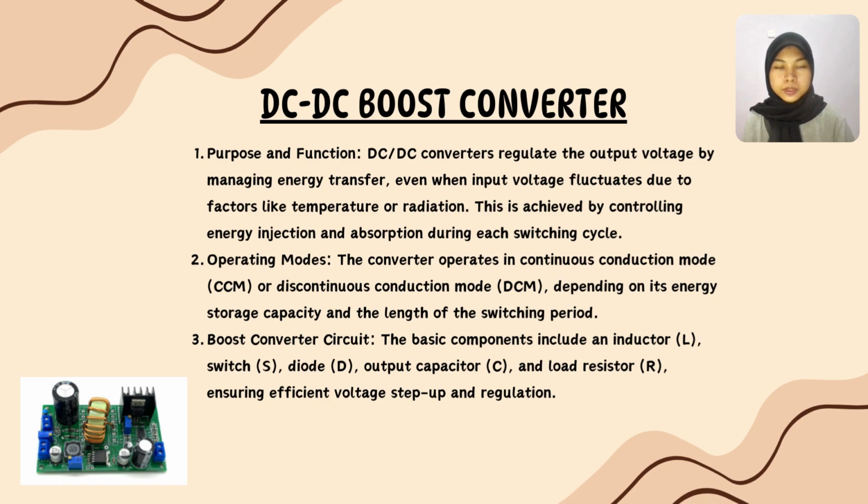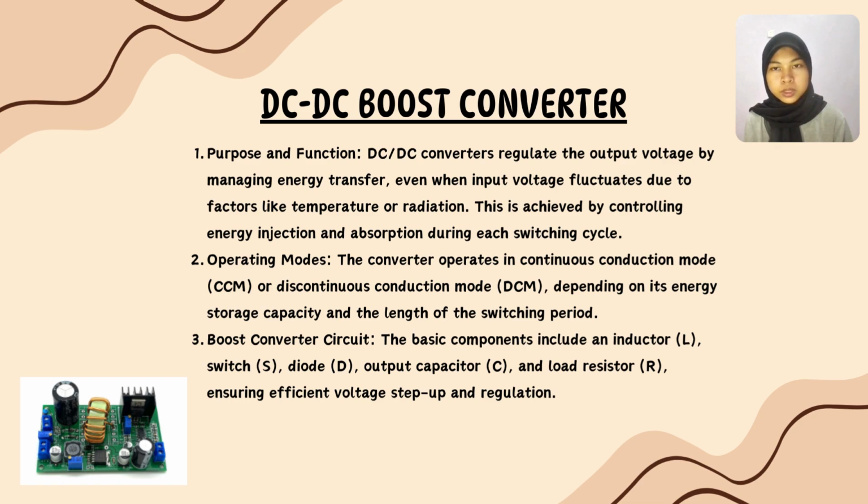Firstly, the purpose and function. The DC-DC converter regulates the output voltage by managing energy transfer, even when the input voltage fluctuates due to factors like temperature or radiation. This is achieved by controlling energy injection and absorption during its switching cycle. Second, operating mode.